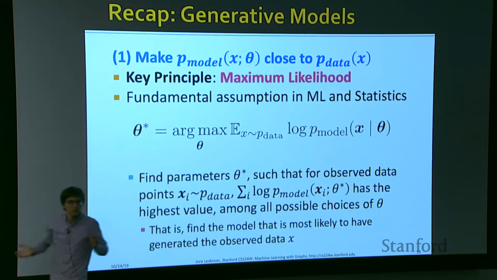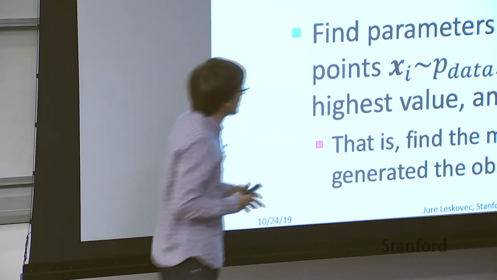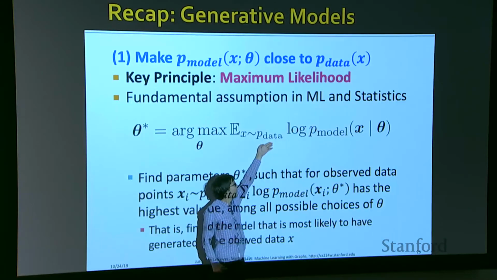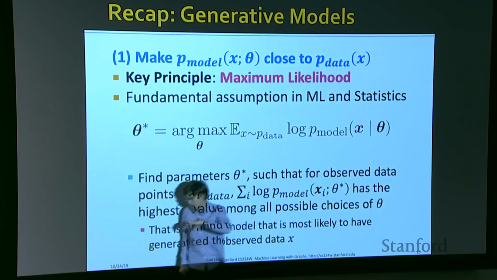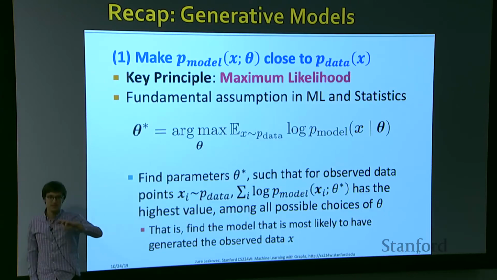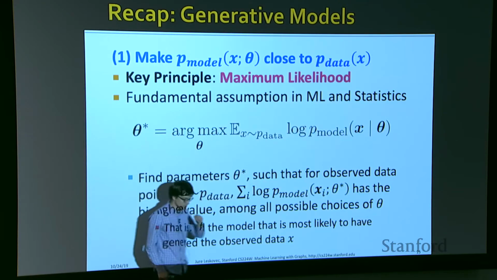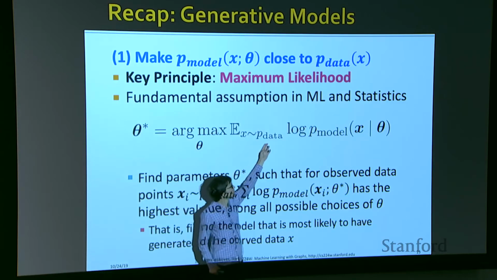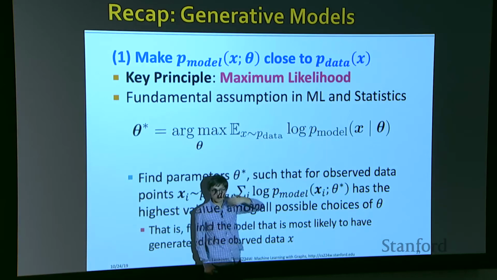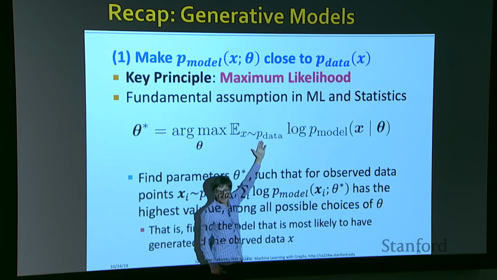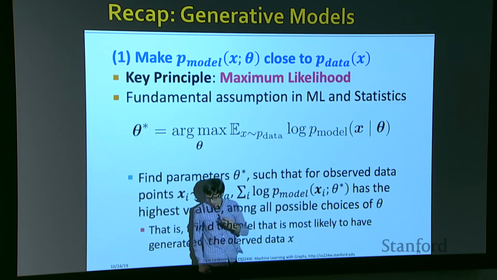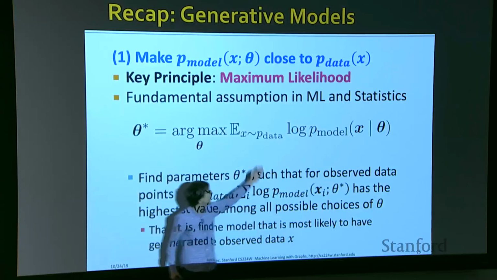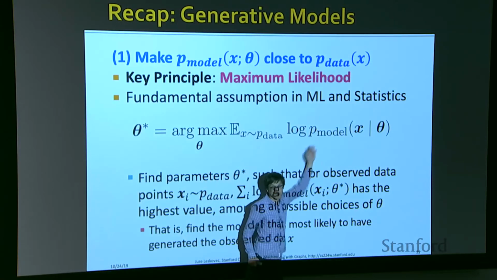You just hope it will work, because you can never look into what this really is. Maybe if you are working in chemistry, physics, or in some cases where you have scientific insights into the data distribution and the fundamental laws, you can model this more faithfully. In our case, we'll model things with neural networks and we'll say, this is what it is. We just want to approximate it.